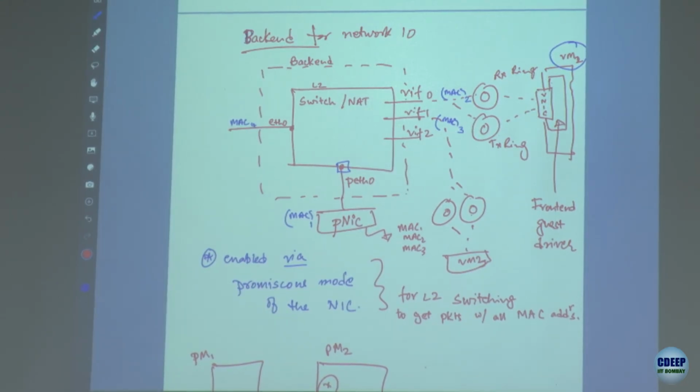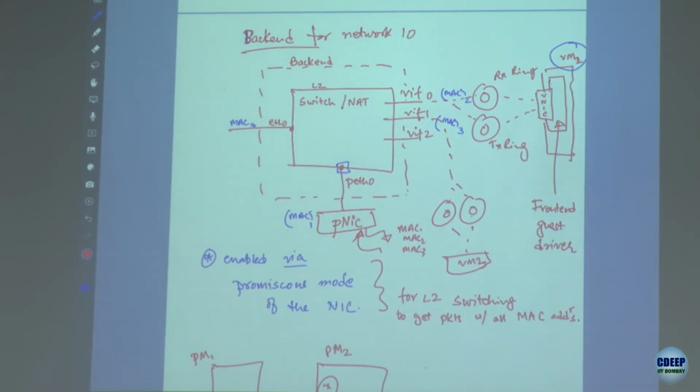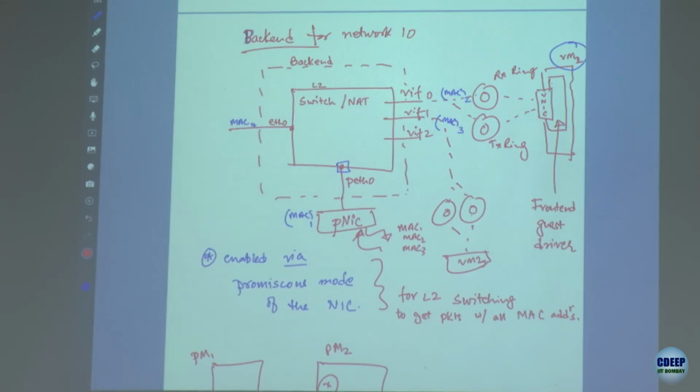Or any packet that's coming in can have Mac 1, Mac 2, Mac 3 as the destination address, because this is all layer 2 switching, right? Now in layer 2 switching, we have landed up in the same network. Now all we can use is the MAC addresses to distinguish our destination.